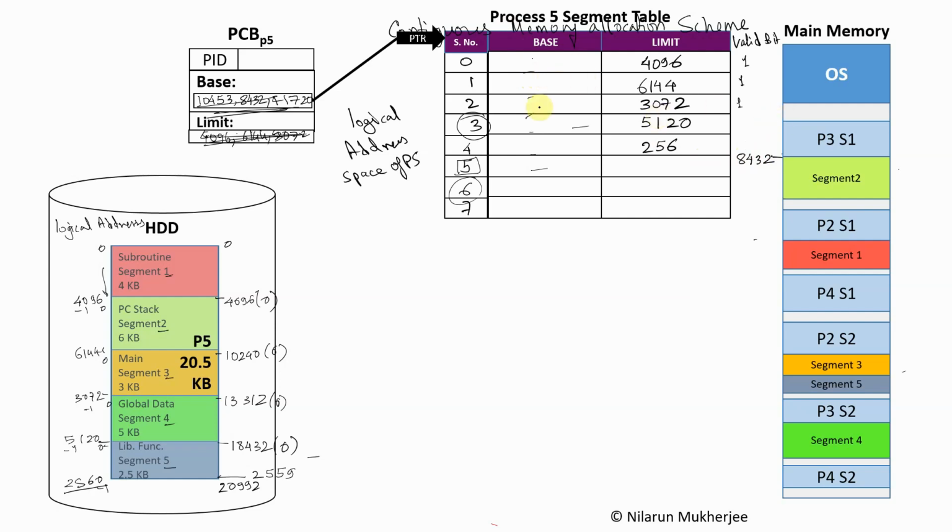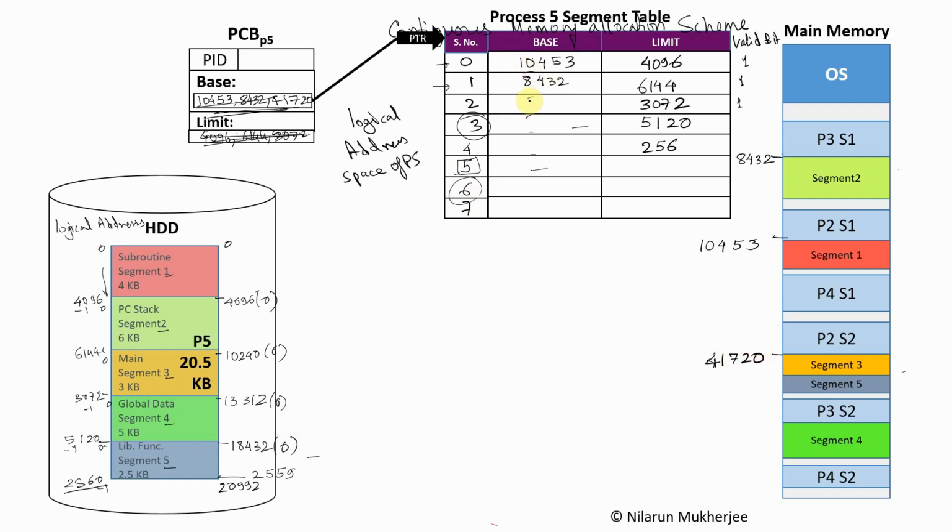So segment 2 is this one, this is segment 1 in our case, 8432. Segment 1 starts from 10453, this is our segment 0 actually, 453. Segment 3 starts from 41720.